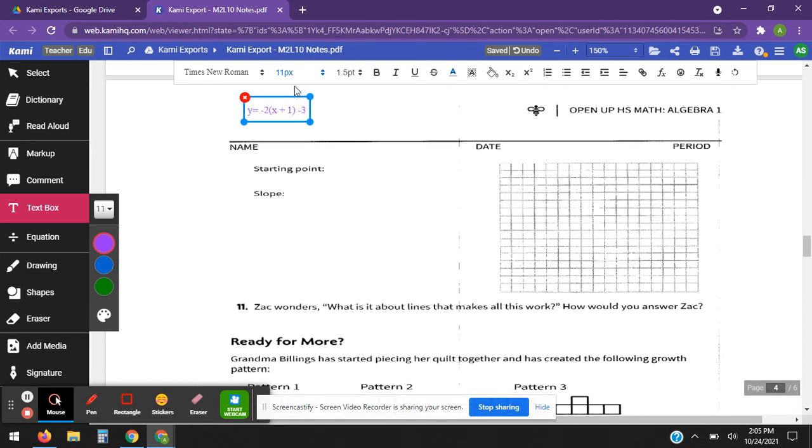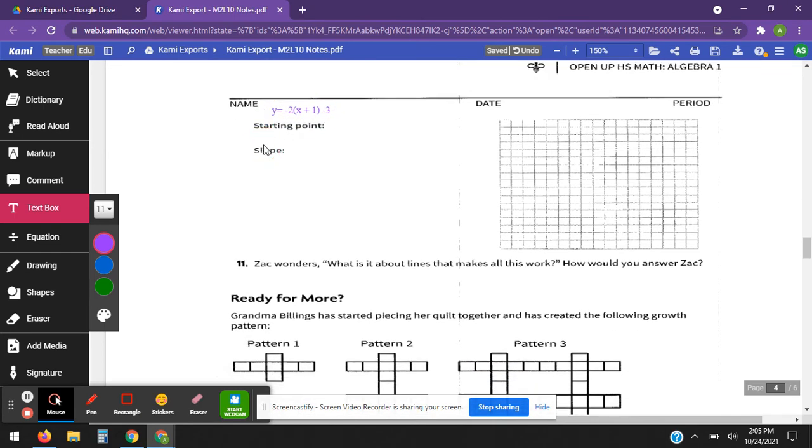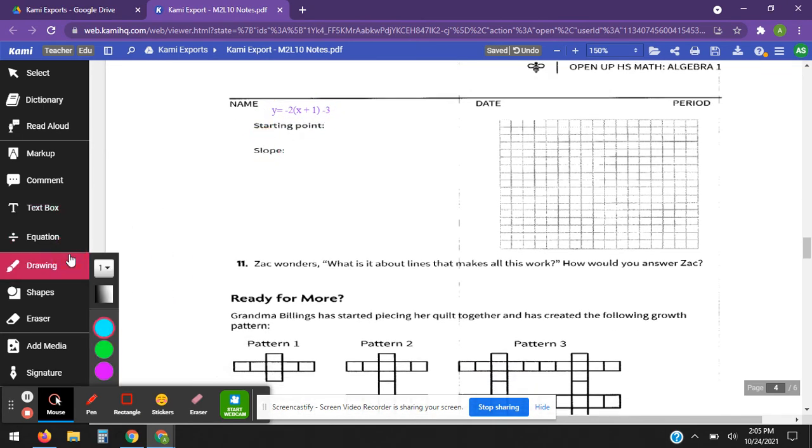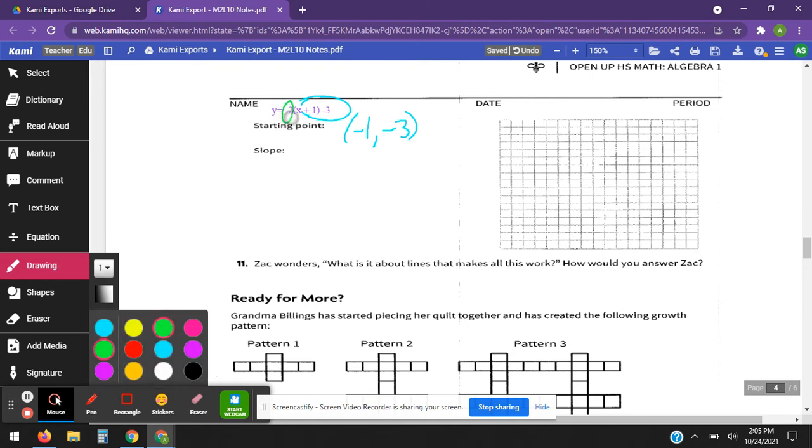Okay, so looking at this, my starting point, there's my point, isn't it? And since it's a plus, that means it's negative 1, negative 3, right? And then my slope is the first number, negative 2.